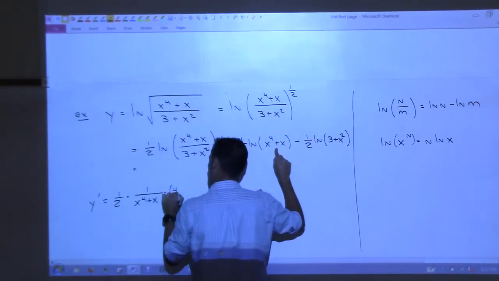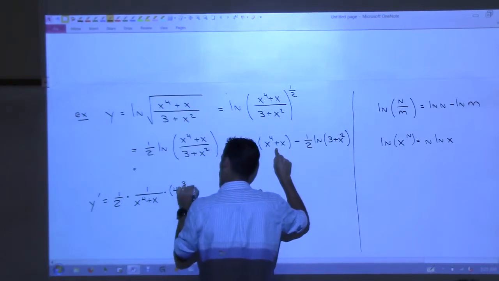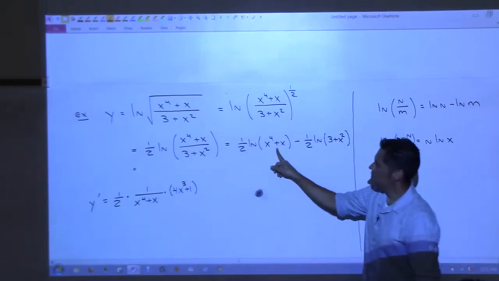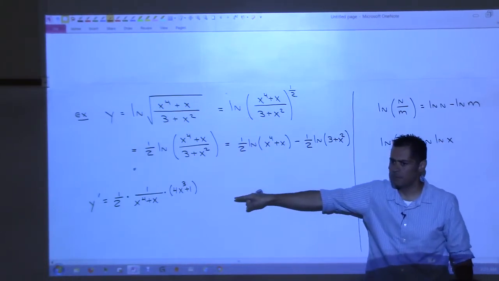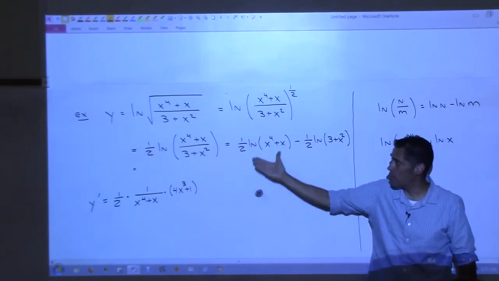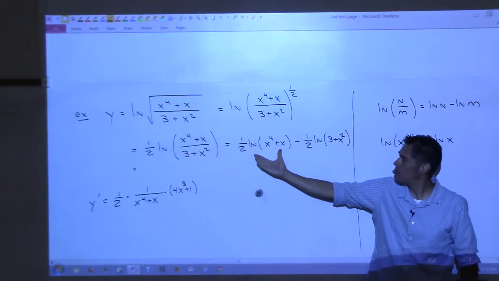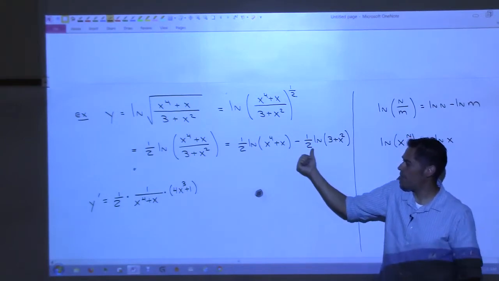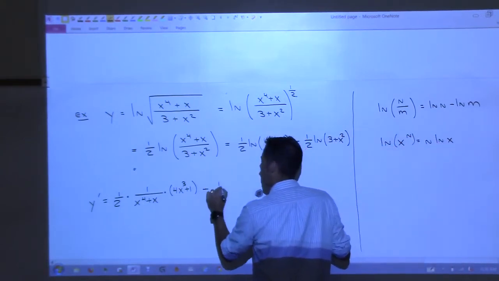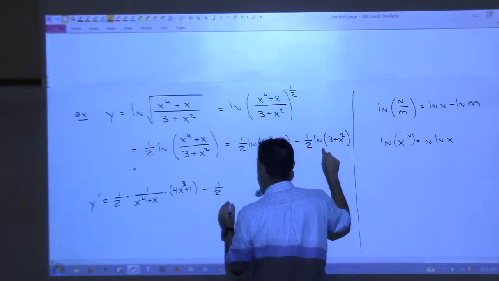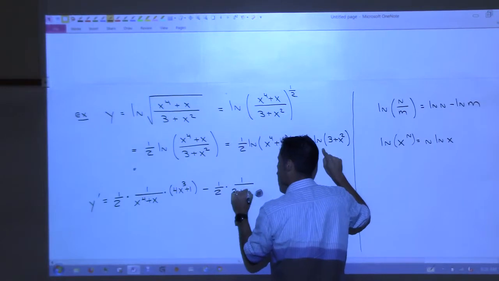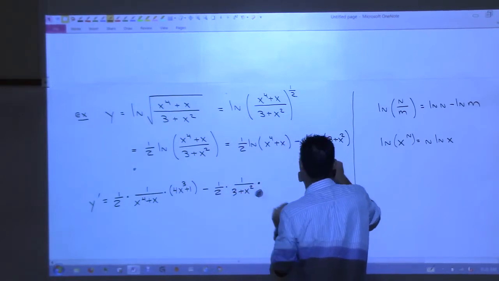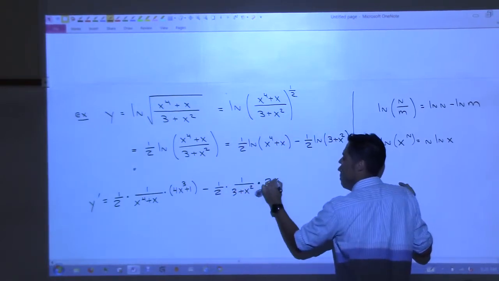So 4x cubed plus 1. Is everyone clear on the derivative of this being that right there? Okay, and I'm done with this, right? There's nothing else? Move on, minus 1/2. And then derivative of this piece right here, which is 1 over 3 plus x squared times 2x, the derivative of that.